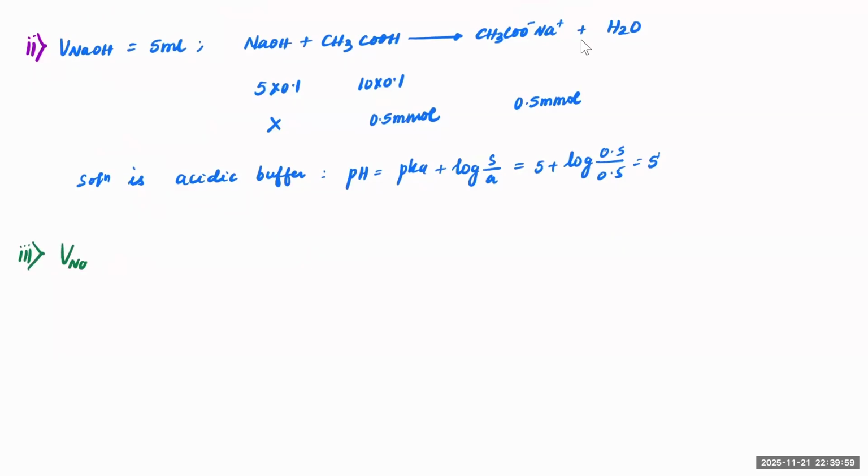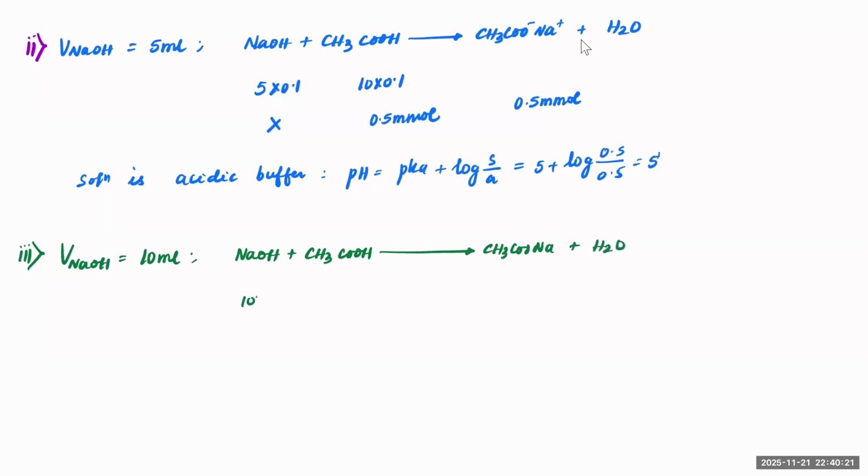Now let's notice case 3. Case 3 is when the volume of NaOH added is, let's say, 10 ml. If it is 10 ml, then in the reaction you will notice that there is no NaOH left over. Everything is converted into salt.